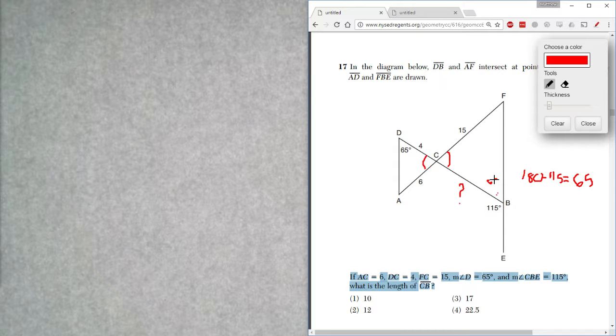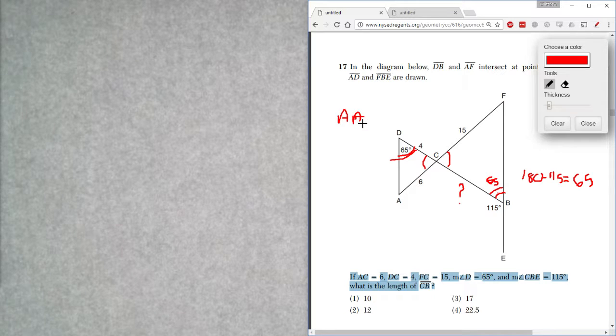Oh, what a beautiful 65 I have drawn over there. This angle over here is 65, which means that angle CBF is the same as angle D. Well, now I've got angle to angle. Angle to angle is enough to show similarity.